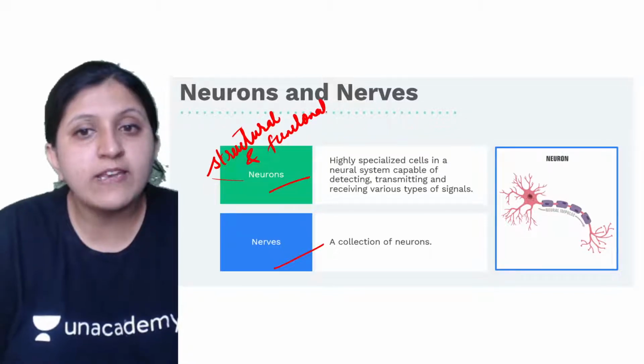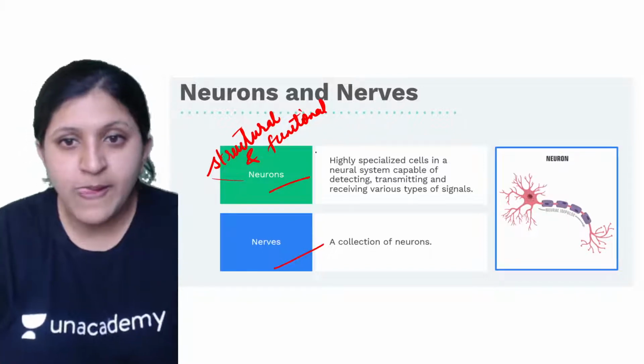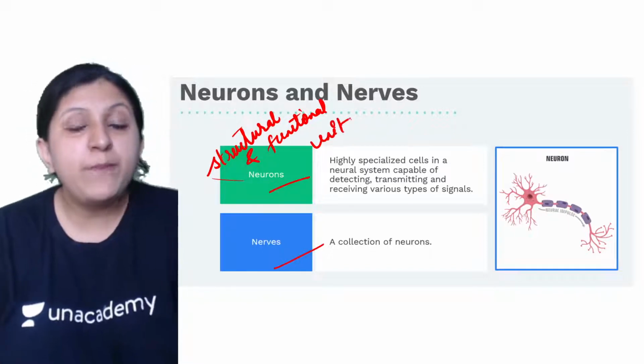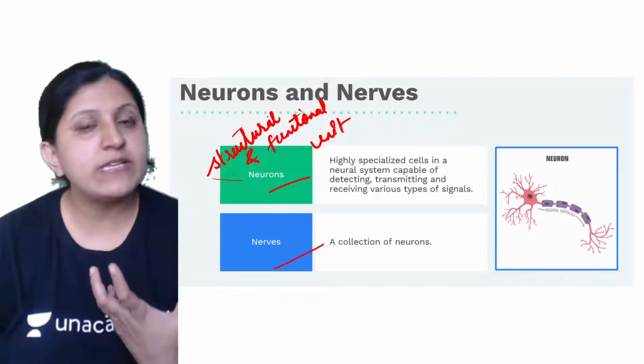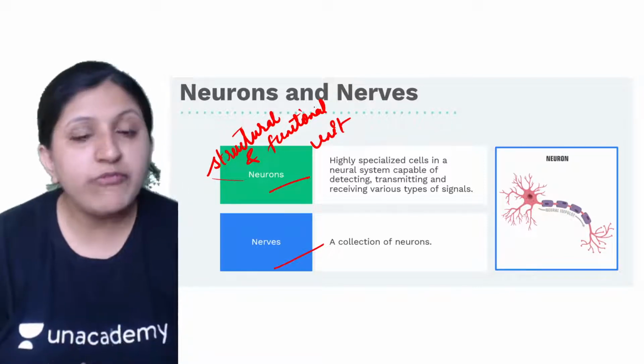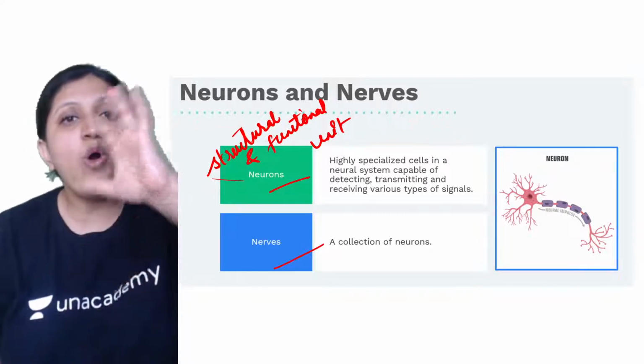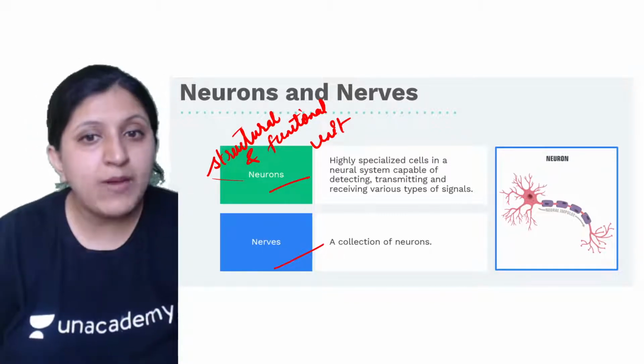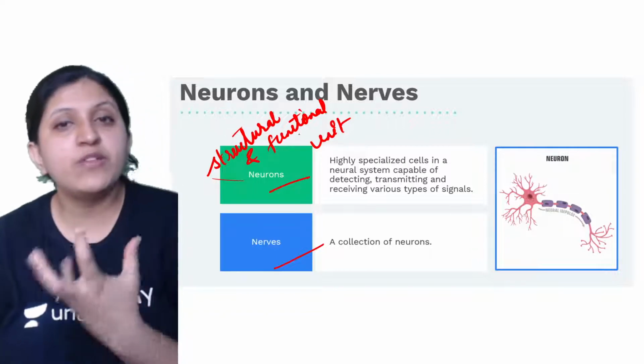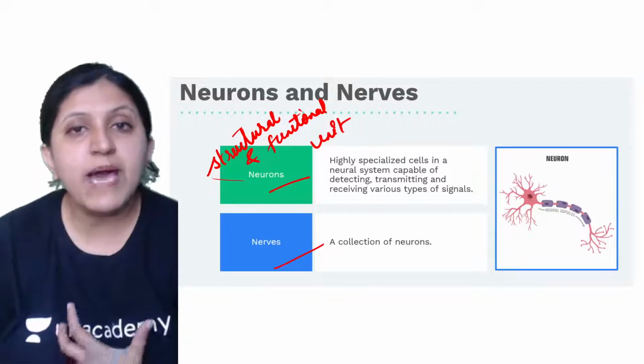Why do we say that it is a structural or a functional unit? That is because the brain is formed of neurons, so it is a structural unit. The brain is also a functional unit, because all the sensation that we are able to feel is because of the function done by the brain itself.